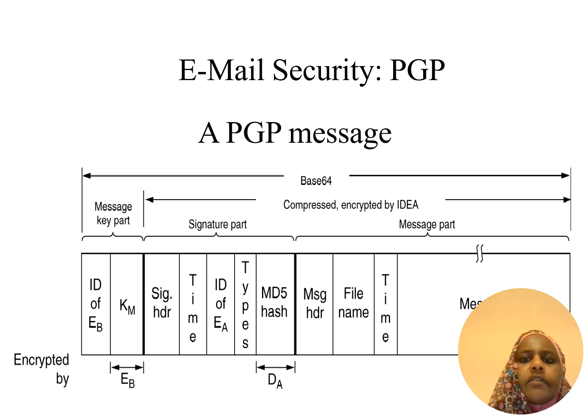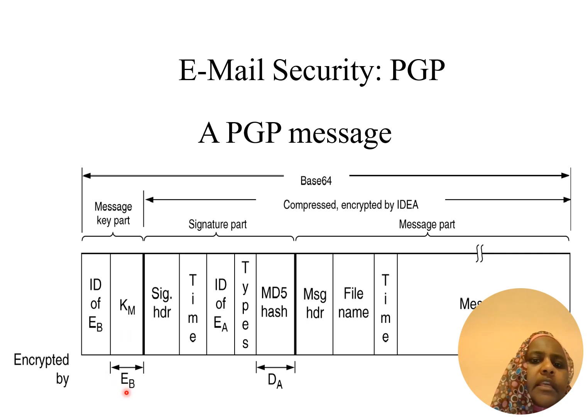A Pretty Good Privacy message consists of a header and a message body payload. The header has multiple fields: ID of the receiver, the master key for encryption, signature header, timestamp, ID of the encryption key of the sender, types, MD5 hash function, message header, and file name, and another timestamp.